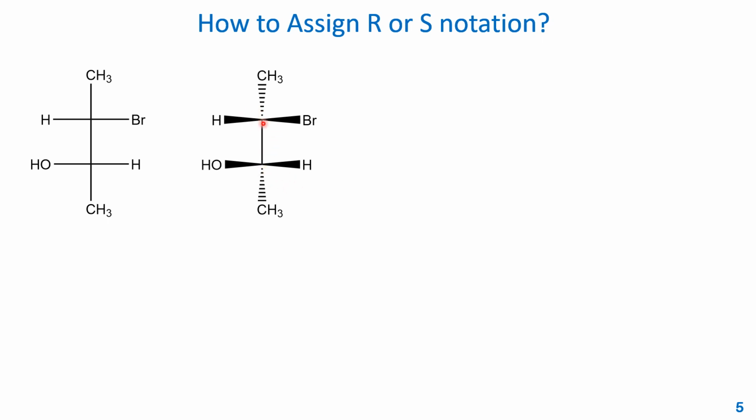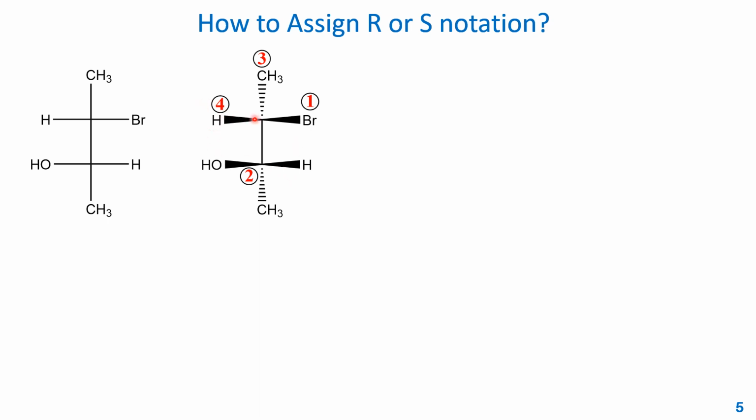For this asymmetric center, we have bromine here, carbon, hydrogen, and a carbon. These 2 carbons are tied, but bromine is a higher priority, by atomic number. So that's number 1. Now compare these 2 carbons. This carbon has an oxygen and another carbon. This carbon only has 3 hydrogens. So of course this is a higher priority, number 2. Now this is number 3. Hydrogen is always number 4, lowest.